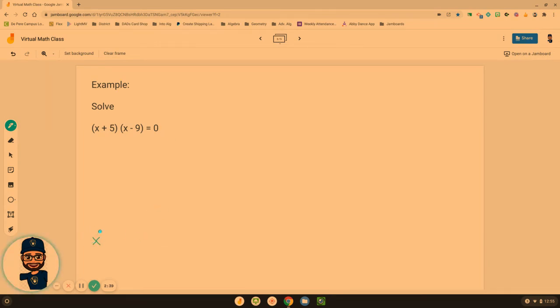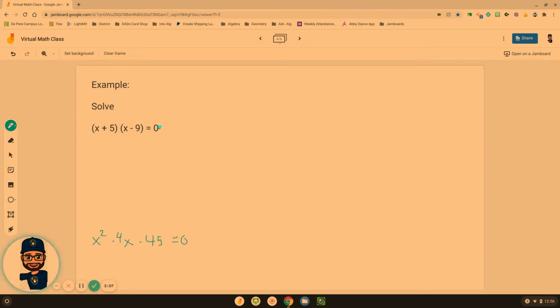If we would have started with x squared minus 4x minus 45, all I'm doing to get that was using the FOIL or box method. So they already took this and said, here are the two smallest pieces, those two factors, x plus 5 and x minus 9 equals 0.